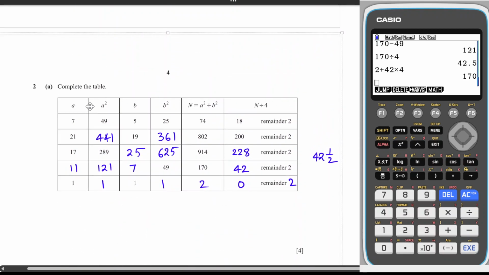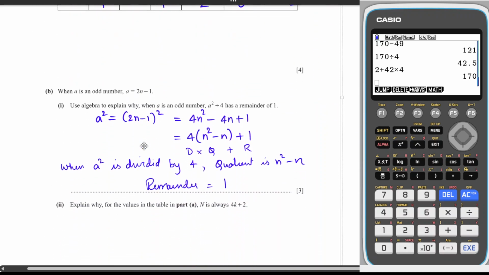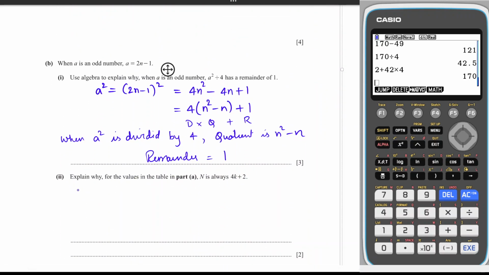So if a and b are odd numbers, maybe I can write them as, let's say, a is 2n minus 1, b is 2m minus 1. So if I treat them as odd numbers, a square will become 4n square minus 4n plus 1, b square becomes 4m square minus 4m plus 1.